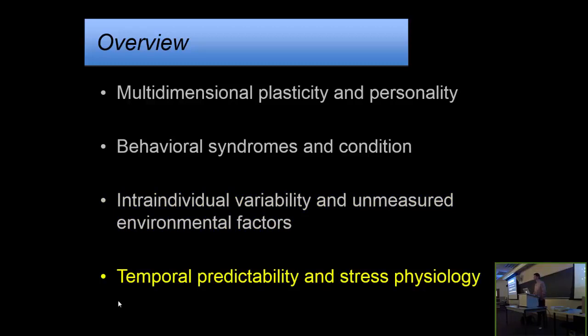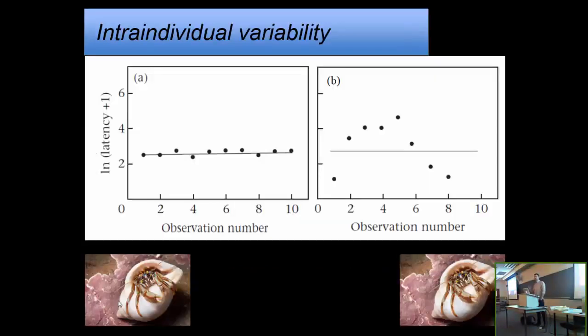Okay. So next I want to talk a little bit about temporal predictability in stress physiology. This is actually getting back to squirrels. But to exemplify temporal predictability, we can think of intra-individual variability as a measure of predictability. That individual on the left is much more likely to behave near its mean level than that individual on the right.